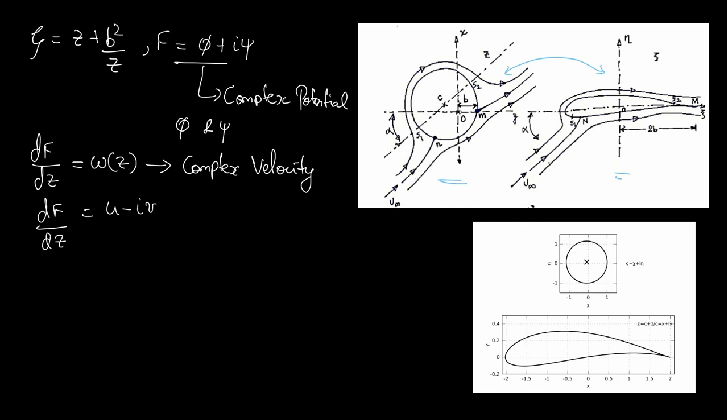And for example, I have my plane here. If I take the velocity to be in this direction, that is the net velocity, root u square plus v square, and this will be my u and this will be my v.